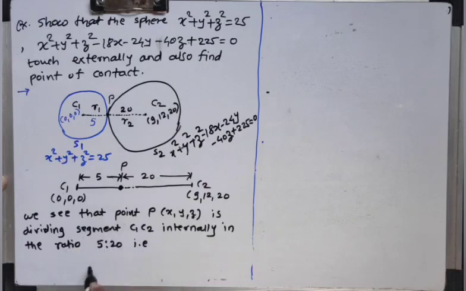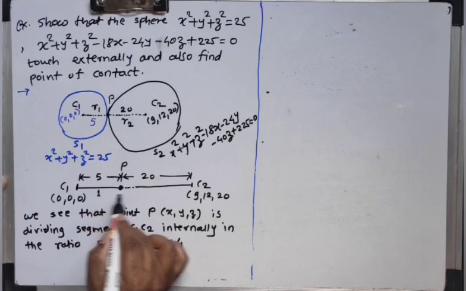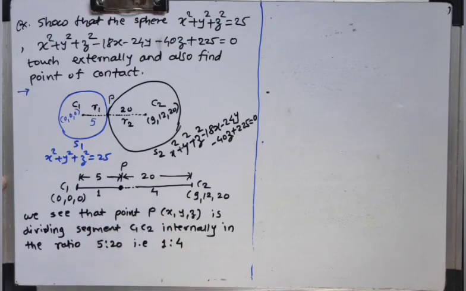That is 5:20 means what? 1:4. So to find out that point coordinates x, y, z, we have the section formula.